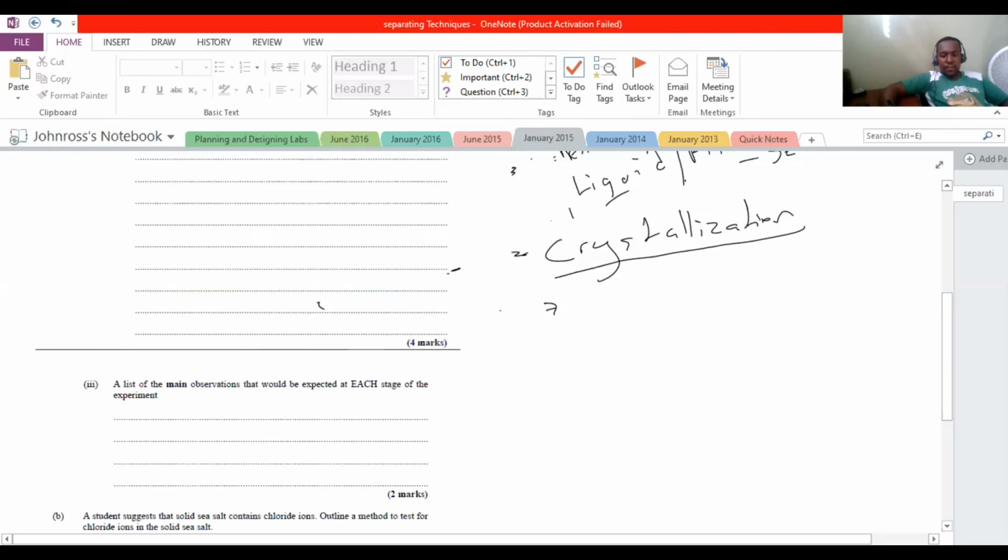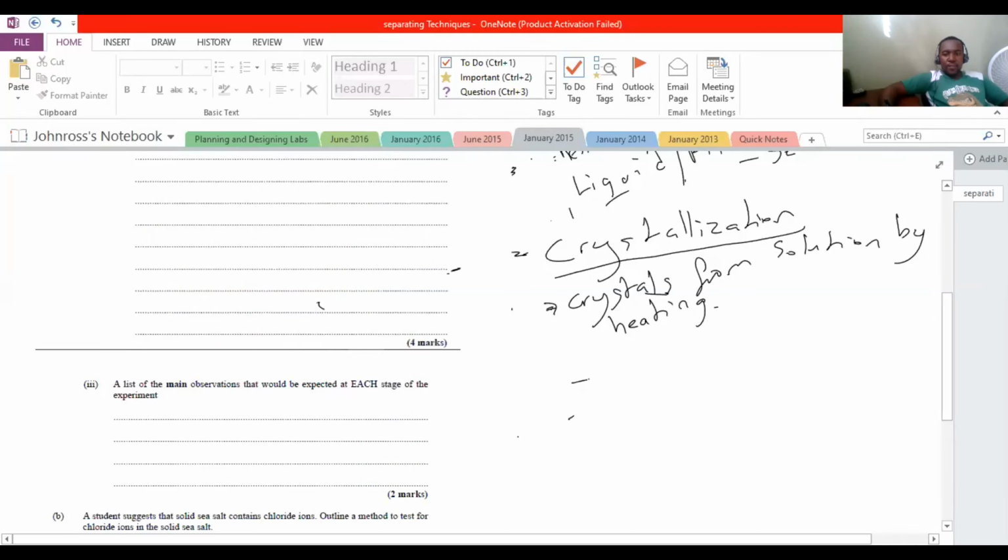Isaiah says the same thing as well. So we gain crystals or salts from a solution. An important part of this, as Isaiah states, is heating it.